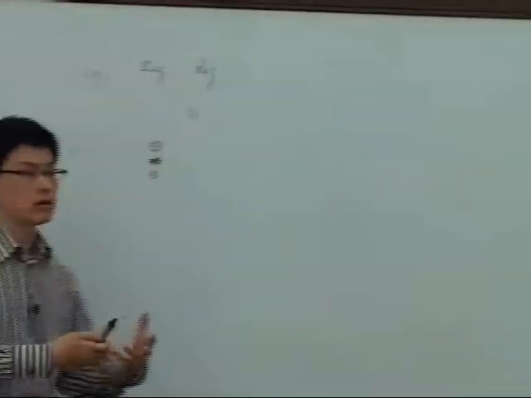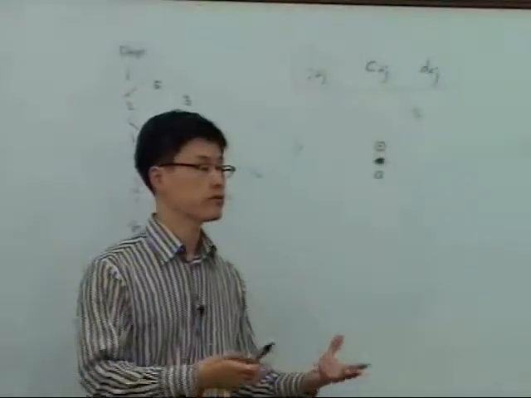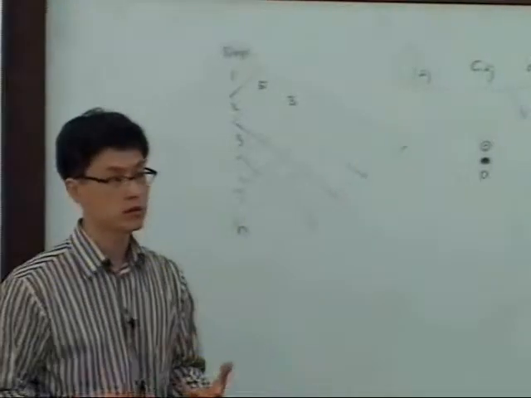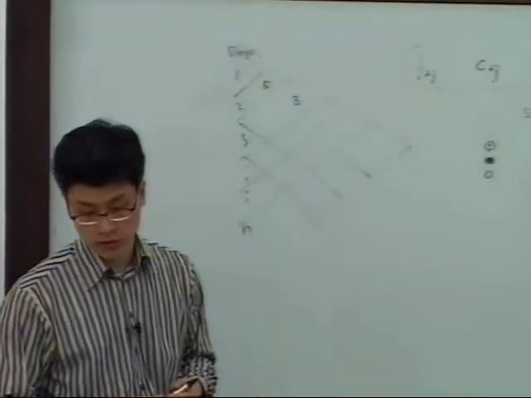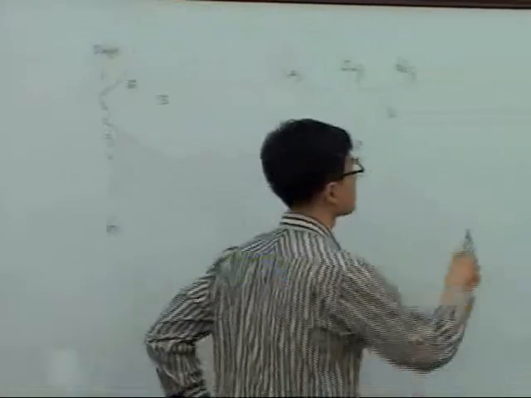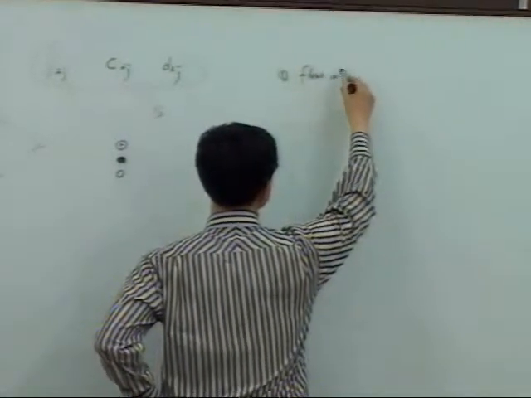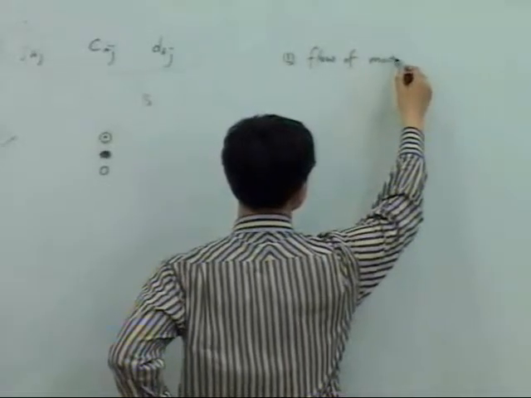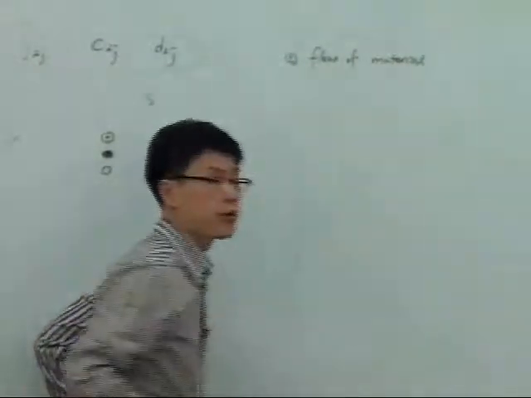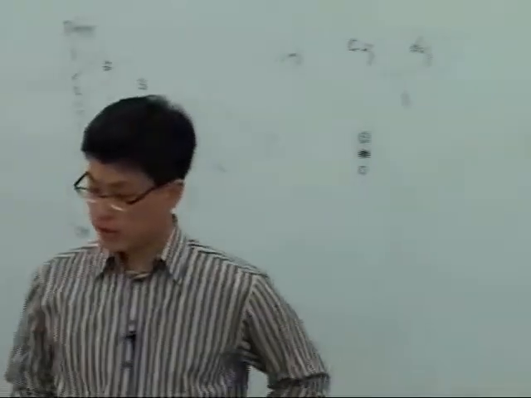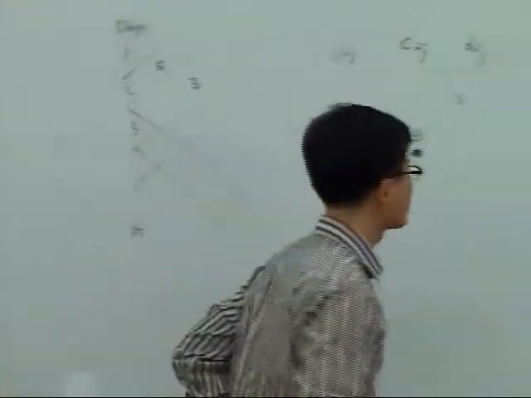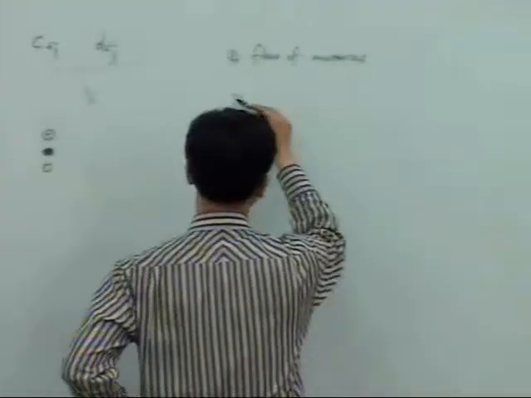Okay, so the overall layout sequence is like this. Based on the input or information out there, you have to collect the required information. And by the way, among them, flow of material is really important information. Also, activity relationship is very important.